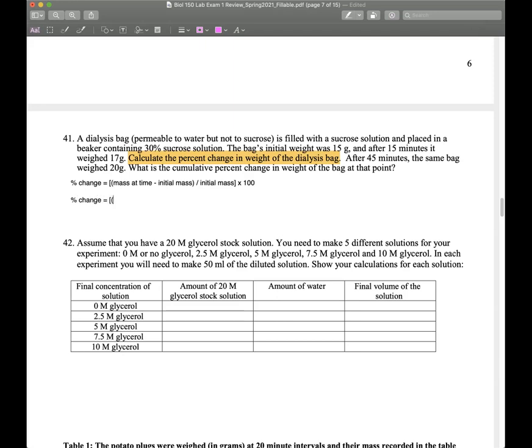The mass at time, that's 17 grams minus 15 grams, divided by 15 grams, times 100. 33.3. 23.3, that sounds about right. I have not done the calculation myself, so I'm going to trust you on that.